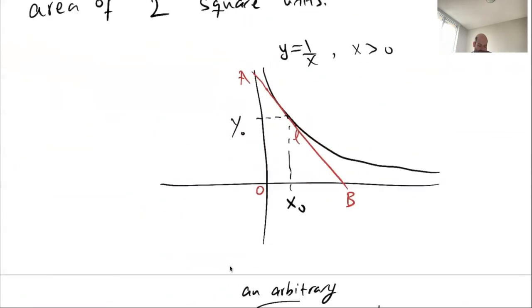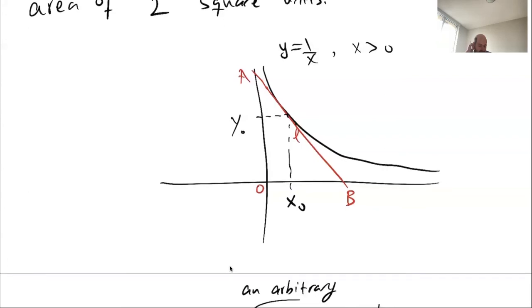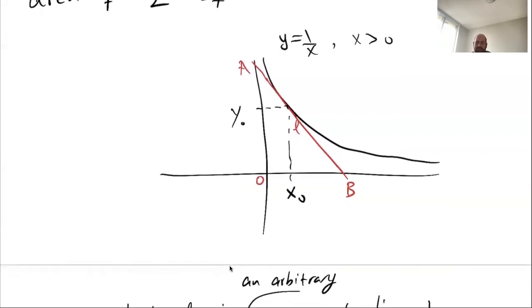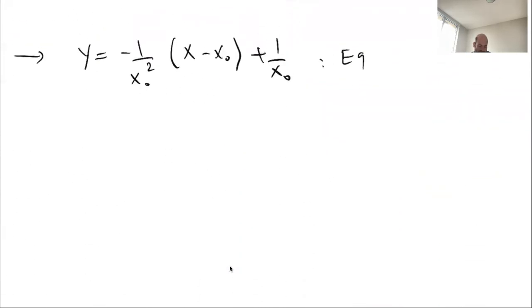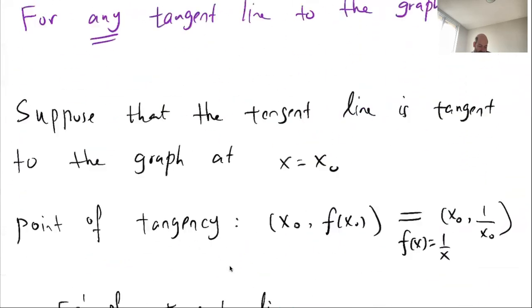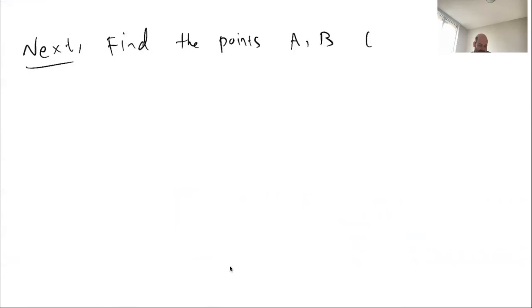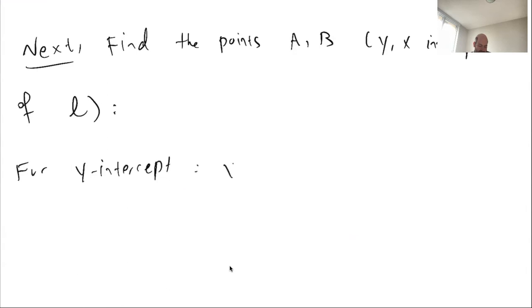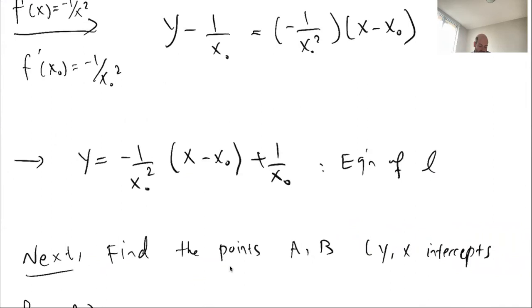Now, what else do we need? We need to find the points A and B, which are the y-intercept and x-intercept of this line L. So this is the equation of L. Next, we find the intercepts of L. For the y-intercept, we replace x with 0.